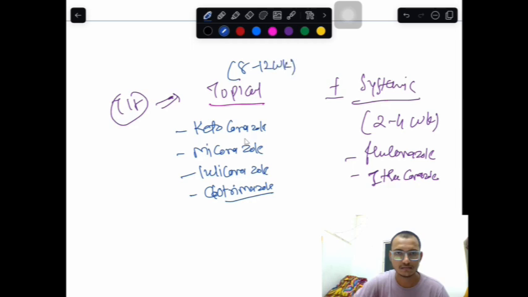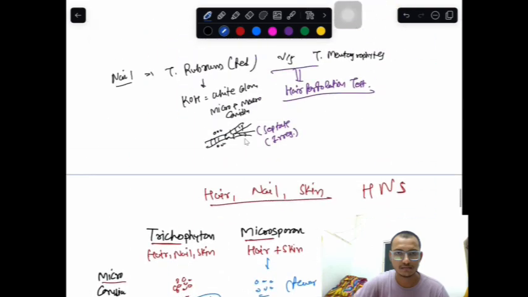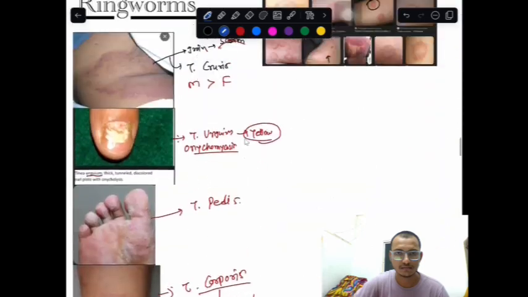If we don't continue, it will come again and again, and it will become more resistant with time. So this is from my side.